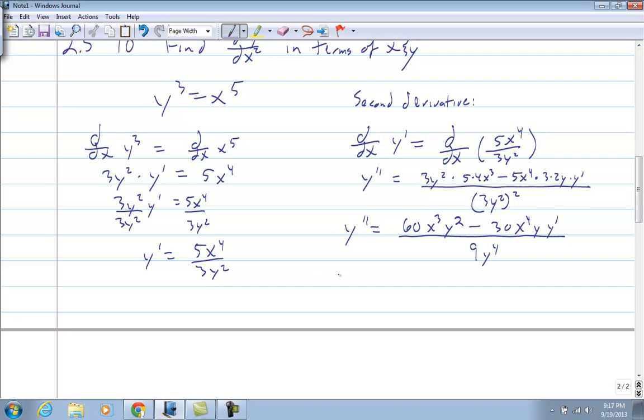Give myself some more room here. Now, let's plug in what we know for what y prime is. Y prime is 5x to the fourth over 3y squared. So y double prime is going to be 60x cubed y squared minus 30x to the fourth y times 5x to the fourth over 3y squared, over 9y to the fourth.